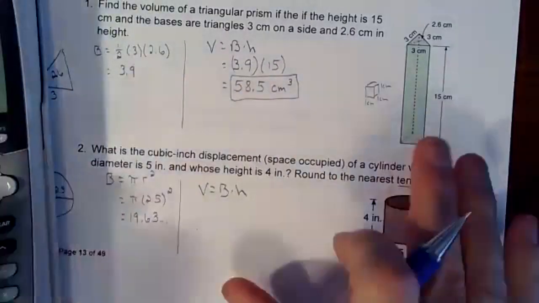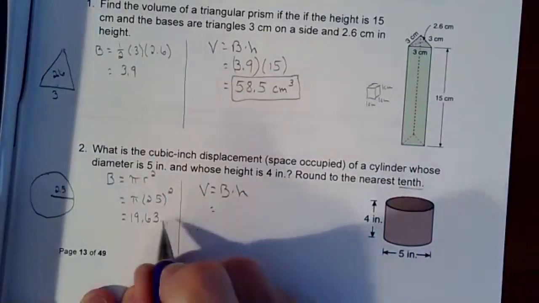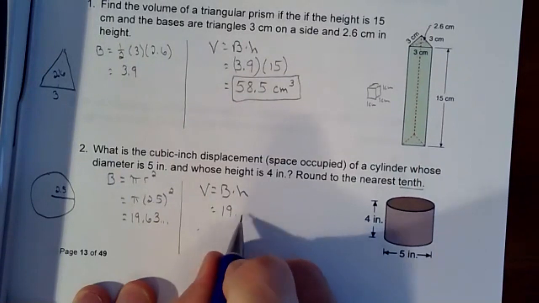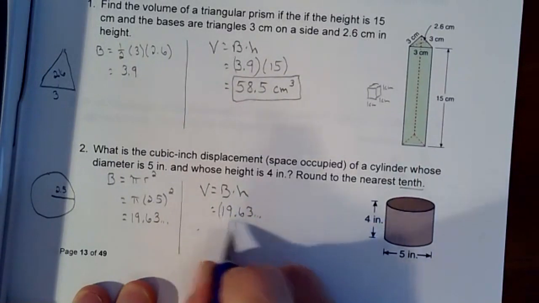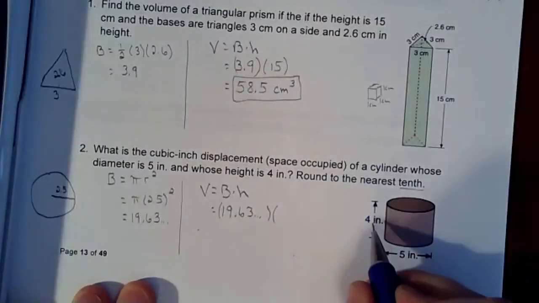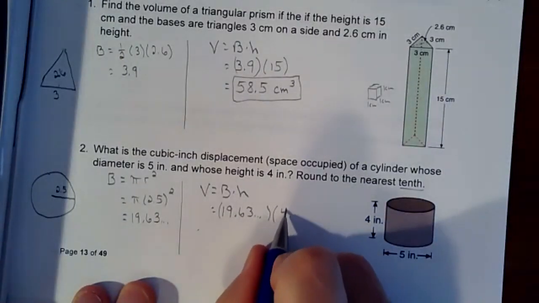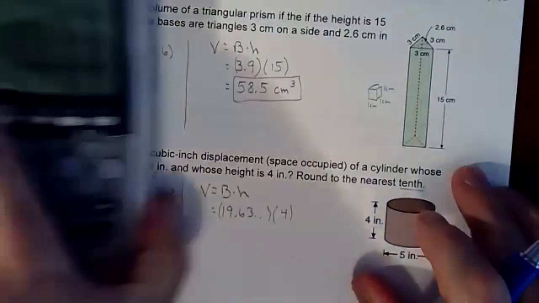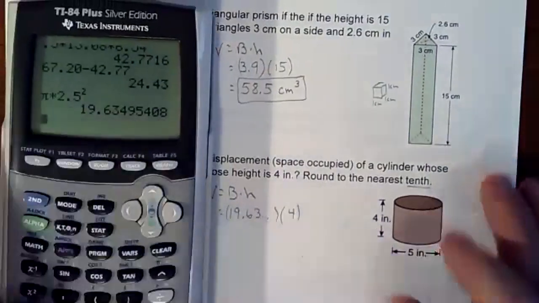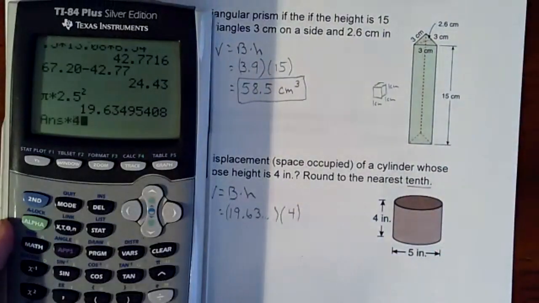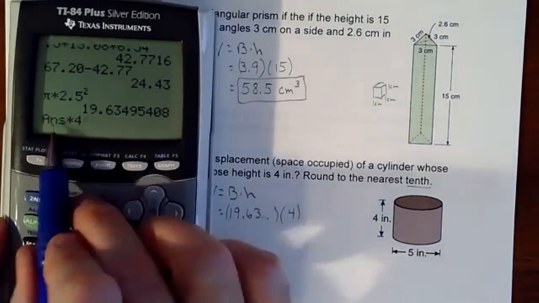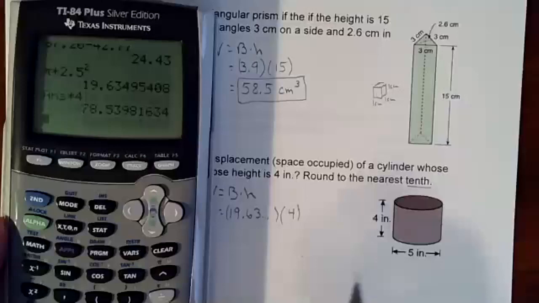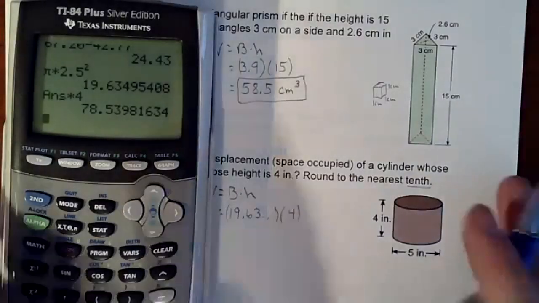My next part is the volume: that number, 19.63 whatever, times the height, which is 4. On my calculator I can just go times 4, so it takes my last answer and multiplies it by 4. And now I can round.